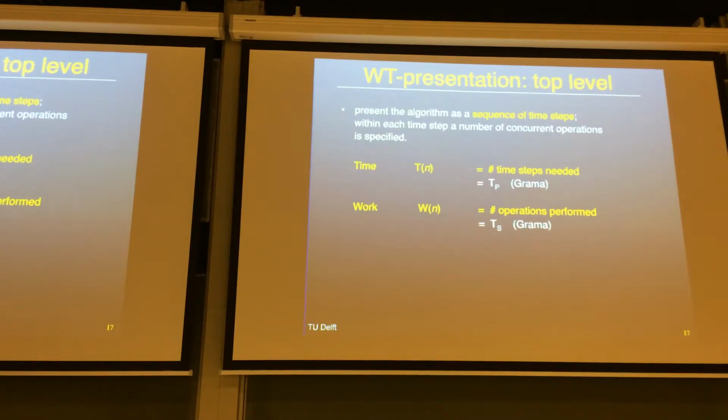So, by giving these two metrics, you can see, first of all, what parallelization of an algorithm brings you, because the ratio between T(n) and W(n) tells you how much influence parallelization has on the performance of your algorithm. But W(n) is also important if you would like to compare your algorithm with the best serial algorithm that there is.